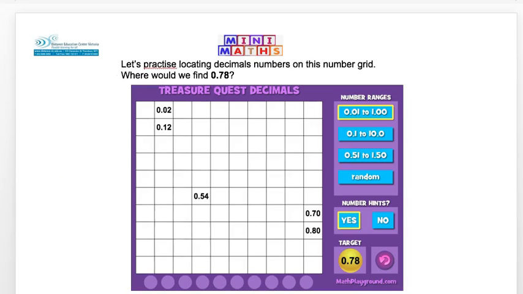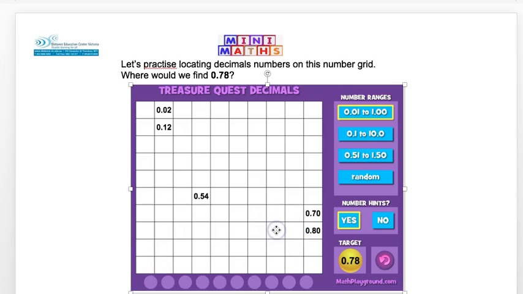Then we had a go at placing these decimal numbers, which is 0.78. We never say 78 because 78 is 7 tens and 8 ones, and they're in a different column on the other side of the decimal point. So we say 0.78 or 78 hundredths.